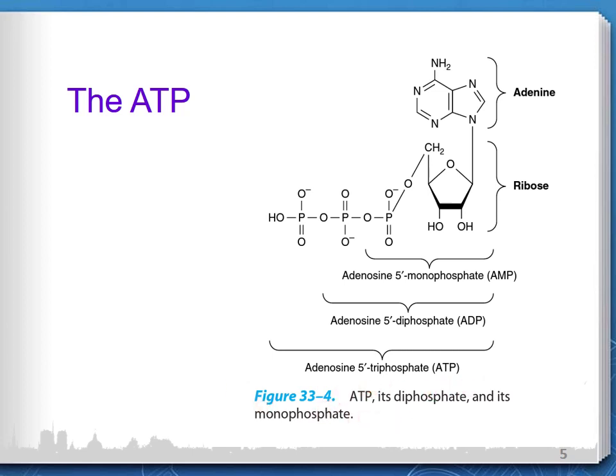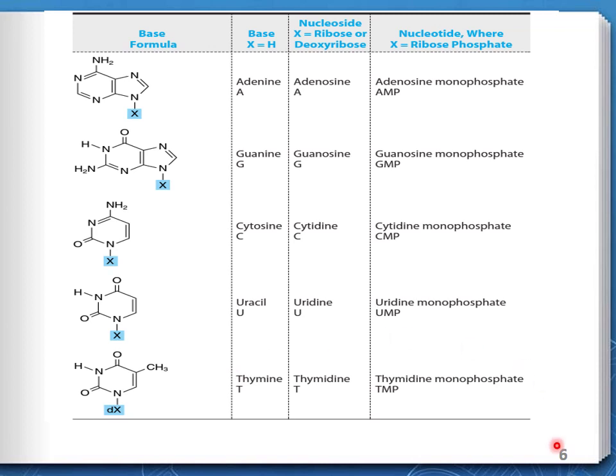Slide number 5 represents the chemical structure of the nitrogen bases. We have adenine, guanine, cytosine, uracil, thymine.